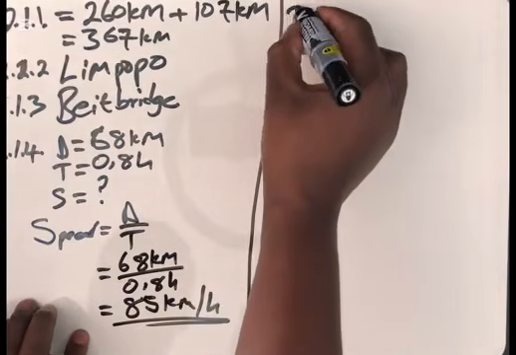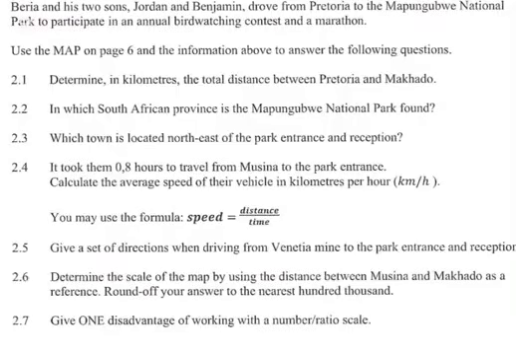And then we move to 2.1.5. It says, give a set of directions when driving from the mine to the park entrance and reception. From the Venetia mine, so we go back to our map.